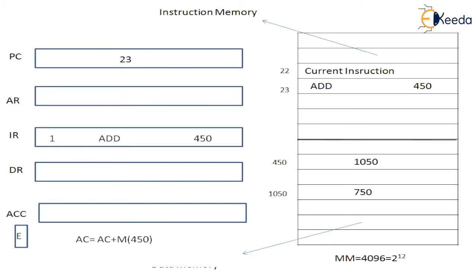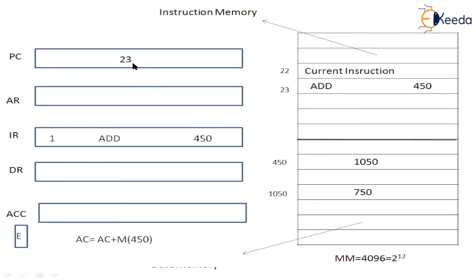After that, I need to update the program counter to the next instruction. Here the program counter should be 24, because the program counter always points to the address of the next instruction. The program counter doesn't hold the address of the current instruction.